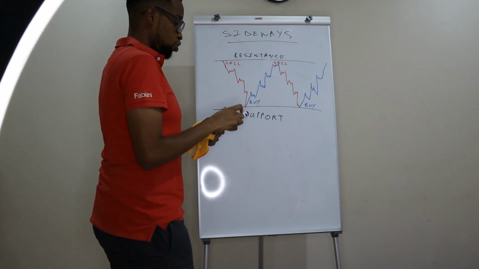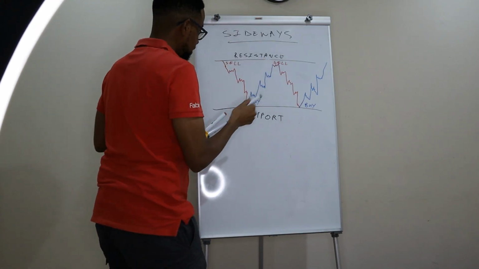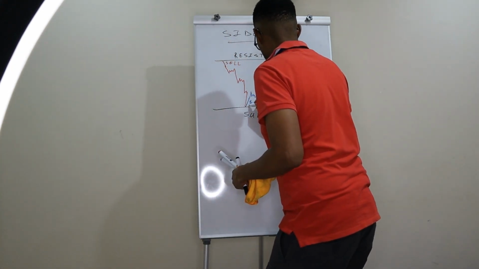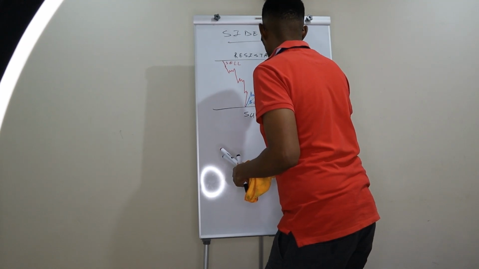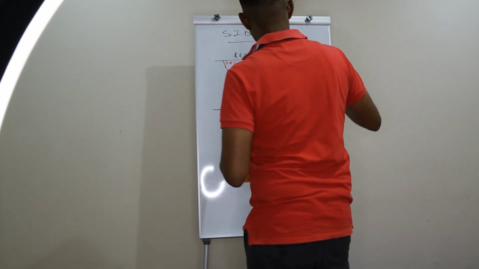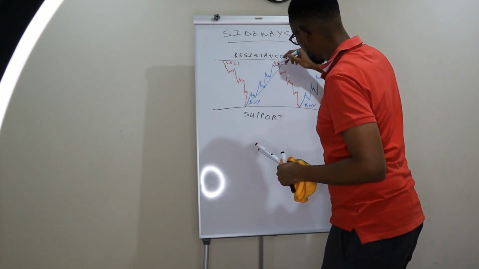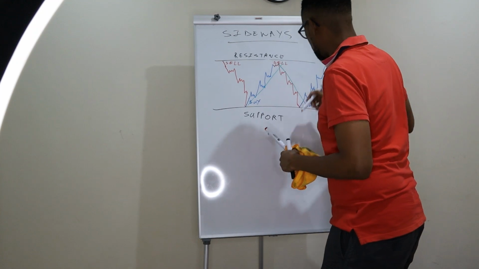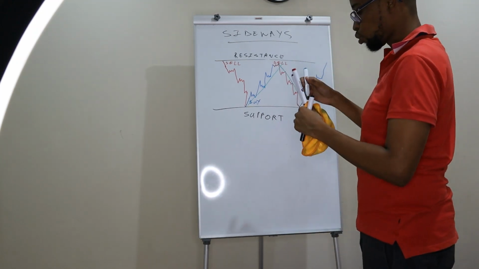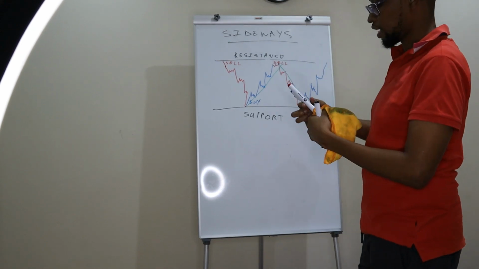And then also remember your management line. Then at this one it will be here. So you can see at the break it retests and then it shows you that yes, it did change in direction.